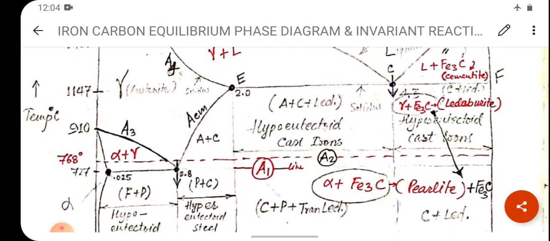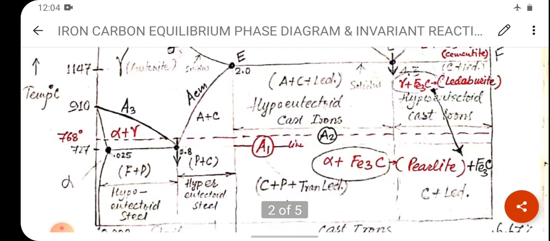Clear? Draw a line that is at 768 degree Celsius, which is red in color. I have drawn with dashed line. Clear? This is line A2. I'll explain significance of these lines in detail in the next slides, so wait for that.